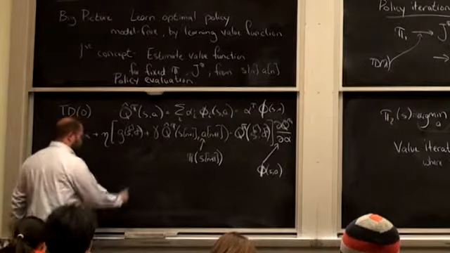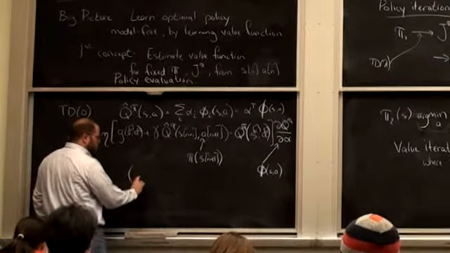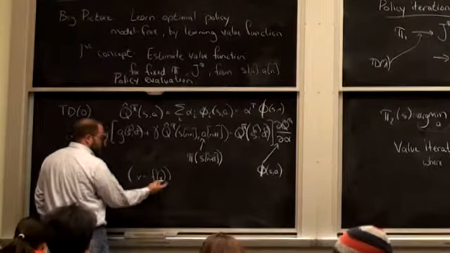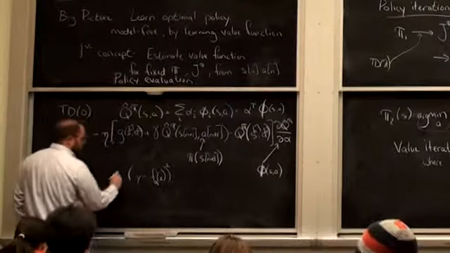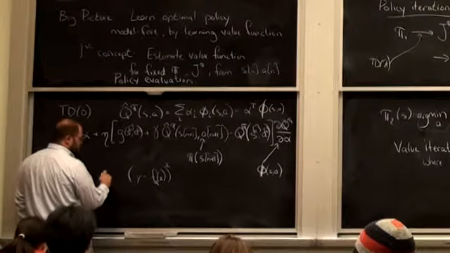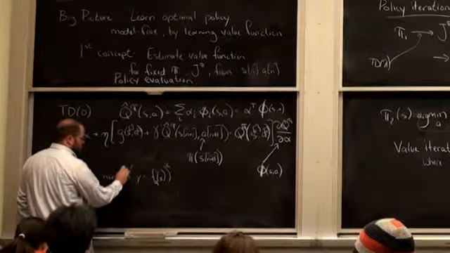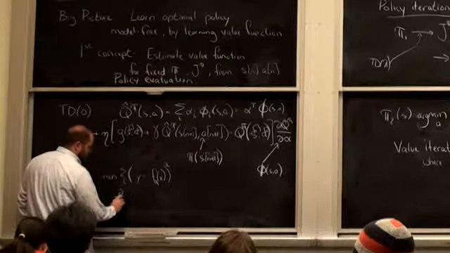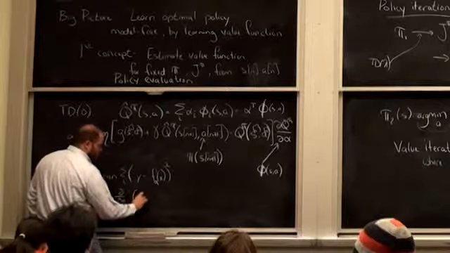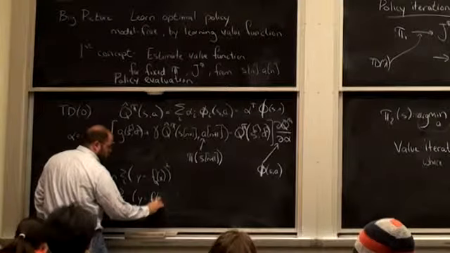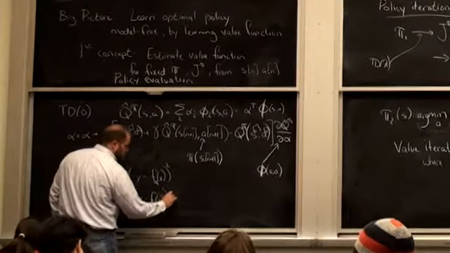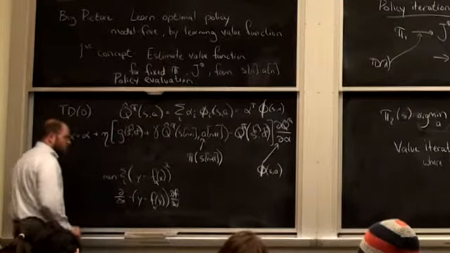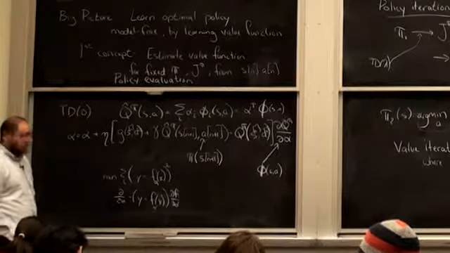Normally, if I have y minus f of x and I'm going to minimize this, if I take the gradient with respect to alpha, I get that error times x, which is what we've got here.